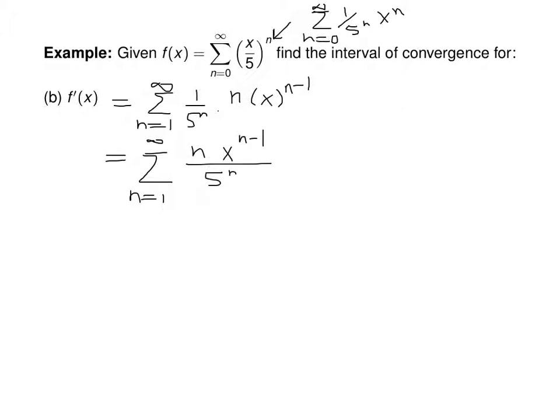So we still know that the radius of convergence is still 5 with a center of 0. So we know that x is in between negative 5 and 5. We don't have to do any ratio test because we did the ratio test in the original series. So now all we have to do is test negative 5 and 5 in this new formula.